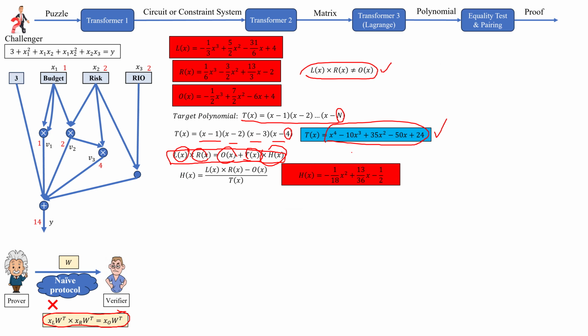So the prover who knows L, R, and O can perform this division and compute H of x, which is minus 1 over 18 x to the power of 2, and so on, right? Okay, now the prover knows L, R, O, and H, and T is public.